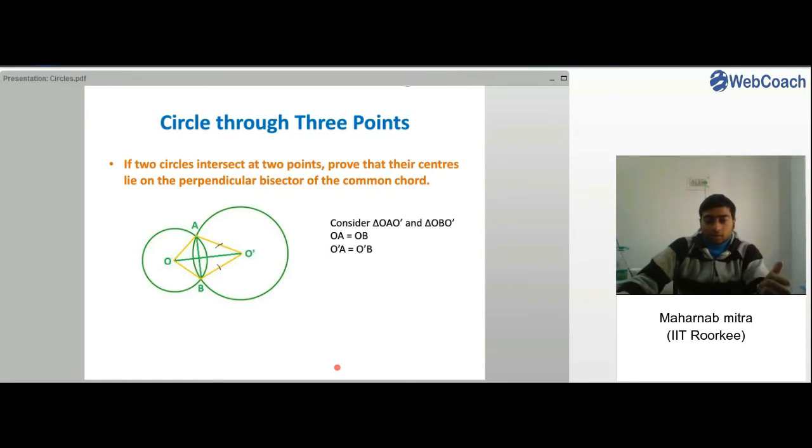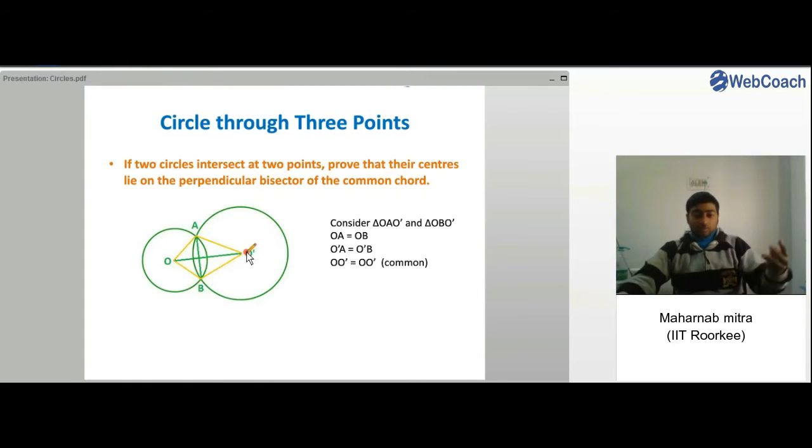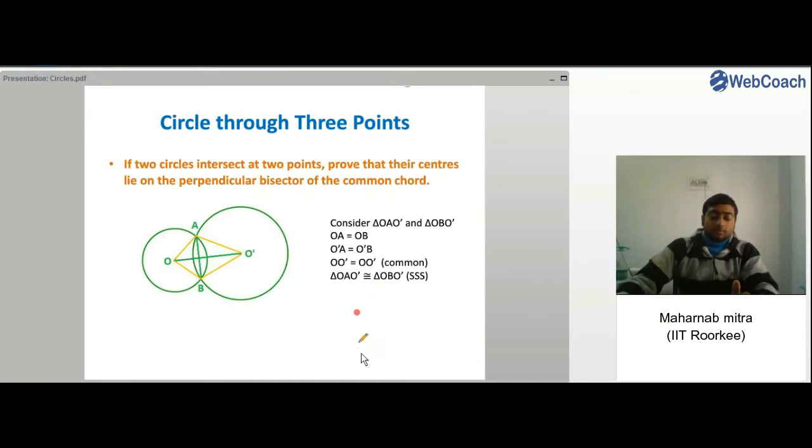So two criteria we have got, and the third criteria, you can see O and O prime, this line is common to both of them, right? This OO prime line segment is common to both of them. So we have got three corresponding sides which are equal to each other. So we can easily say triangle OAO prime is congruent to triangle OBO prime, right, by the side criteria or SSS criteria.